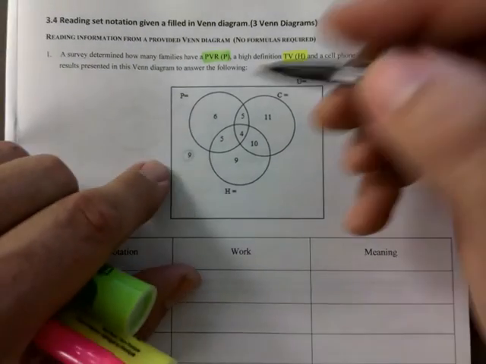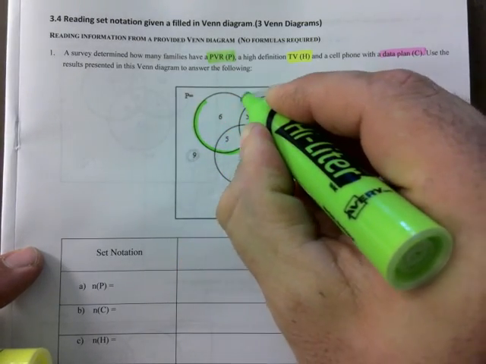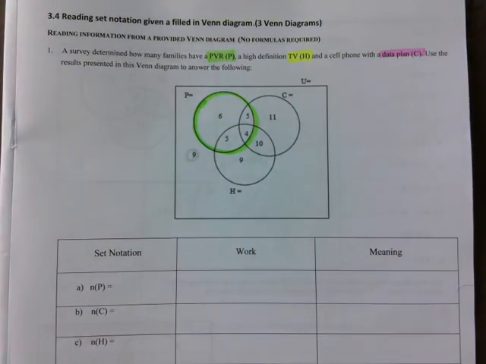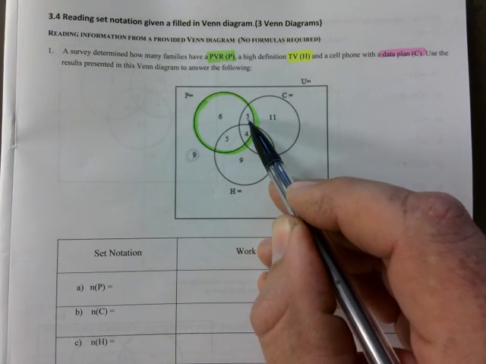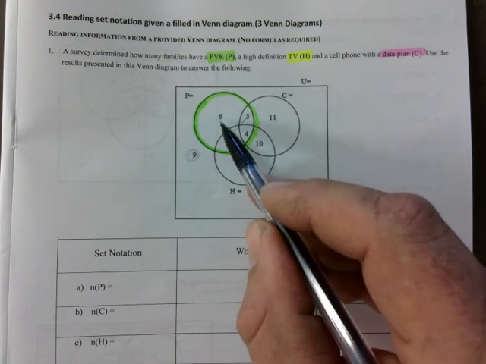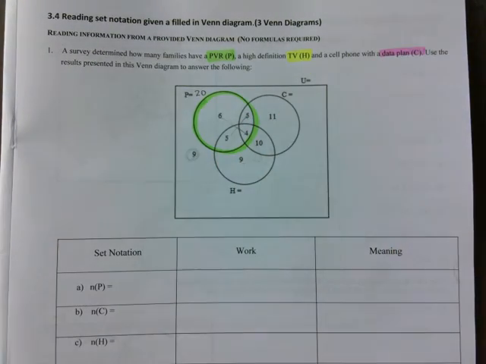So let's come up with some of the things we can do right away. If you just add P, how many families had a PVR in this particular survey? You add up all these, 6, 5, 4, and 5. So 10 and another 10, how many? 20, okay?